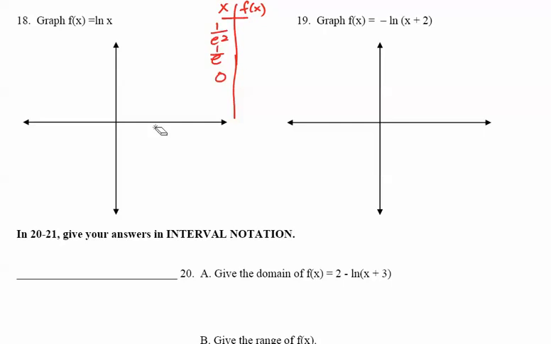So you want to pick 1, e, e squared. So you want to pick values that have easy natural logarithms. I hope you're not still making these xy charts, but I hope these points are in your head. This key point, the logarithm of 1 in any base. Remember, our bases are always positive bases, by the way.